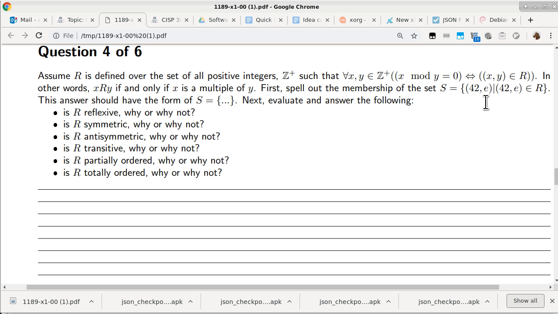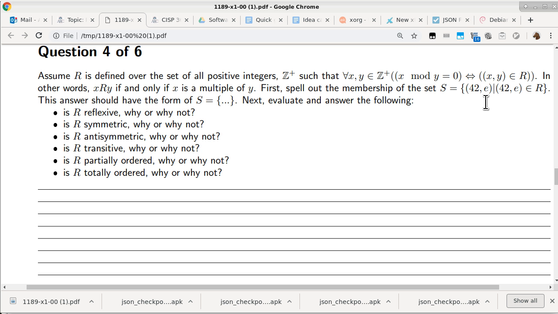That's what the next sentence says, right? First, spell out the membership of the set S. So now you have to look at this format and say, what is this set here? What is this representation? It means every element in S is a two-tuple where the first item has to be 42.